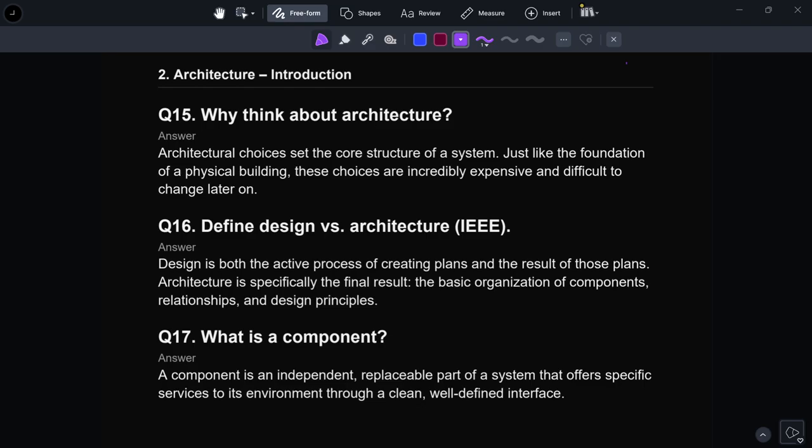And if we define design versus architecture, we need to understand the IEEE concept we have here, and the architecture versus design breakdown in this context. The decision to build the ATM network using a client-server architecture with a secure API gateway ensures the physical ATM never talks directly to the main bank database.